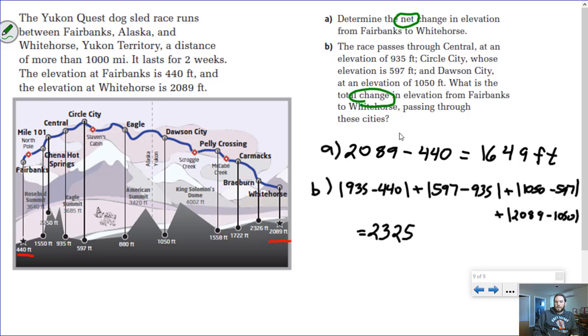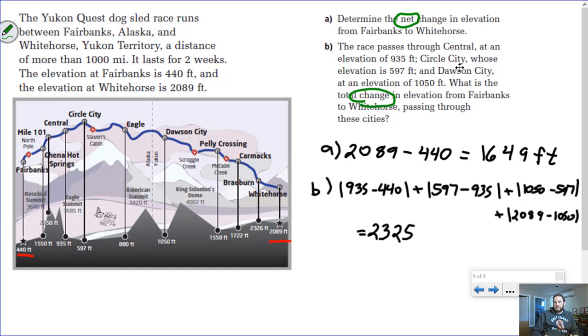So what we're going to do is take the elevation at Fairbanks, and from it subtract the elevation at Central. So then we find the total elevation that it changed by here. And then we'll do Central to Circle City. Now in this case, Circle City has a lower elevation, so we would end up with a negative change to our elevation. But again, because we only care about how much it changes by, we don't necessarily care that it's negative, so we're going to keep the absolute value brackets there.